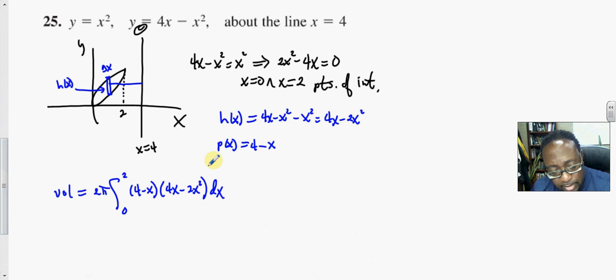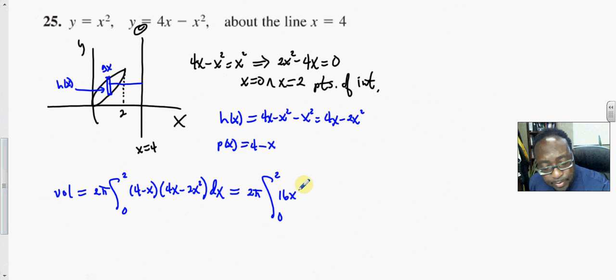This is dx. We simplify this, so we have 16x minus 8x squared minus 4x squared plus 2x to the third dx.